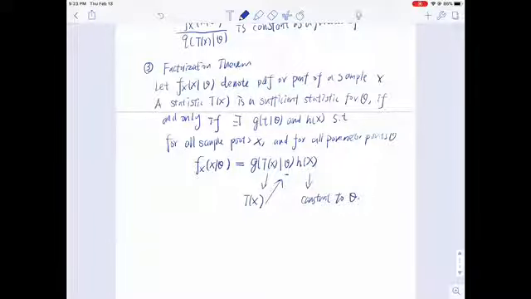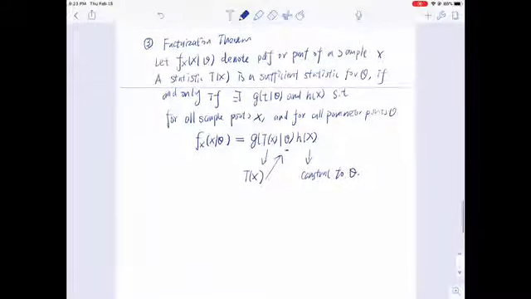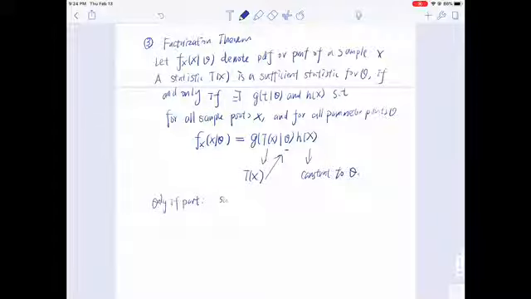Now let's prove the theorem. Since it's an if and only if theorem, we need to show both directions are correct. Let's first show the only if part, which is: given that a statistic is sufficient, we can factorize it into g and h.